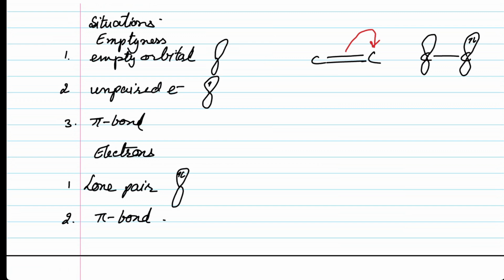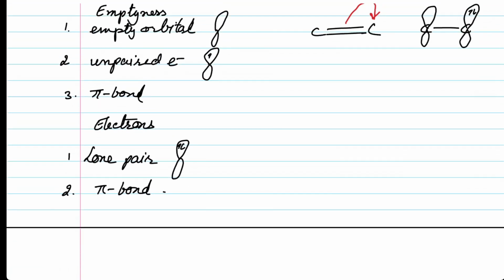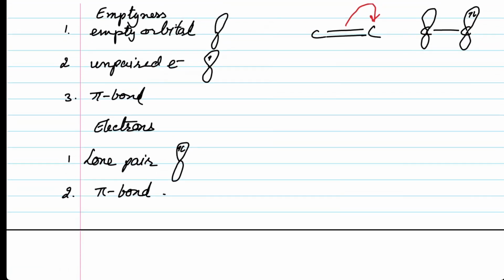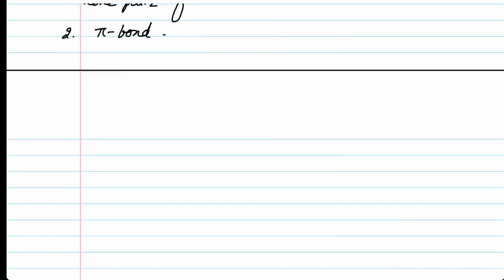So considering these five things, that is, we have the three situations talking about the emptiness and two situations talking about the presence of the electron pair, there could be six combinations which give us the conditions satisfying conjugation.